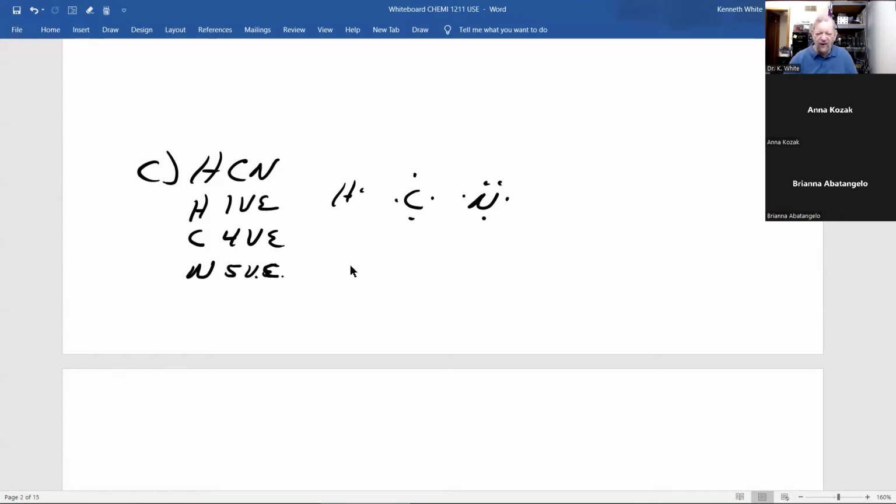The only way to make this work is to have carbon in the center. Hydrogen has 1 single electron, carbon has 4 single electrons. So the hydrogen says to carbon, how would you like to share an electron with me? And each one brings 1 to the table.